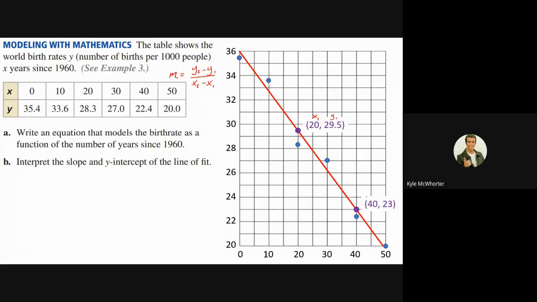And for our second point, the x value is x2 and the y value is y2. So when we work to find the slope, y2 minus y1 would be 23 minus 29.5. Then x2 minus x1 would be 40 minus 20.